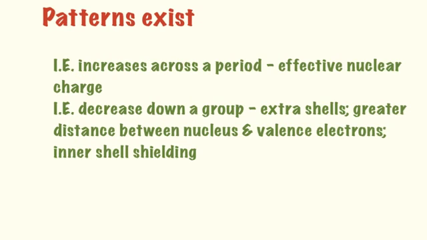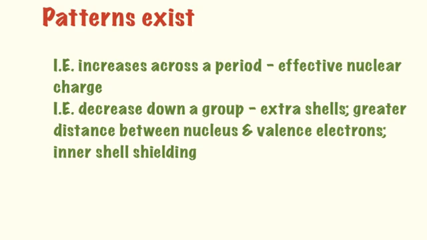Now, relating this back to that wonderful thing called the periodic table, we see that there are some trends or patterns, and the first ionisation energy tends to increase across a period. I've said here it's due to effective nuclear charge, which means that across a period, the electrons are in the same shell, but as we go from one element to the next across the period, we increase the positive charge in the nucleus by 1.